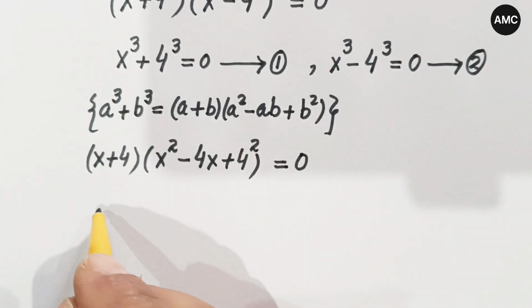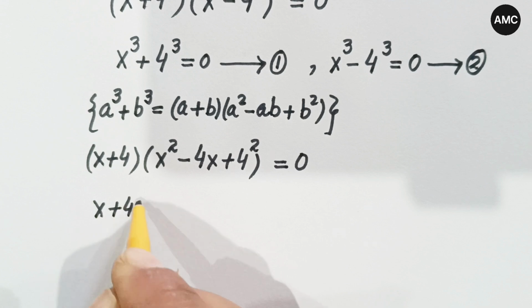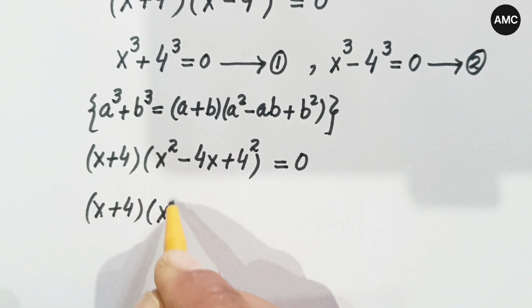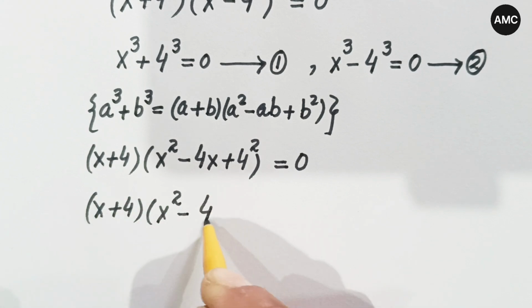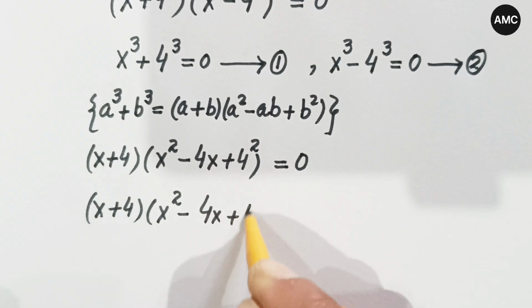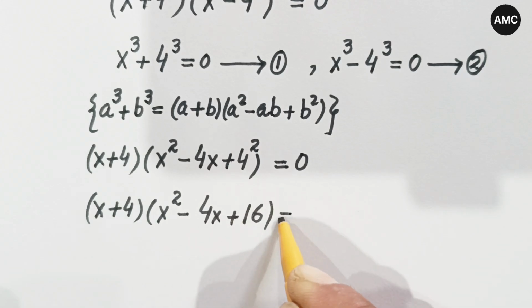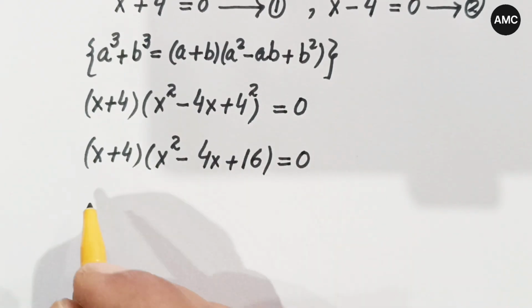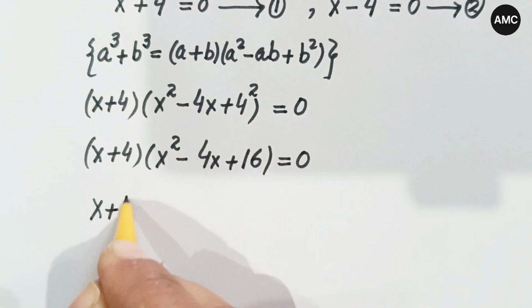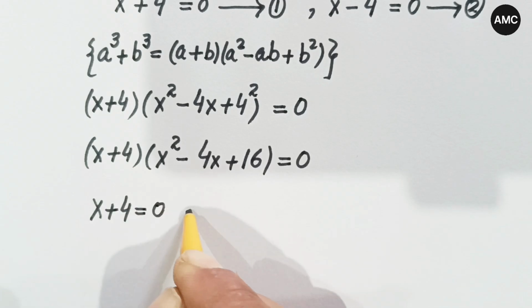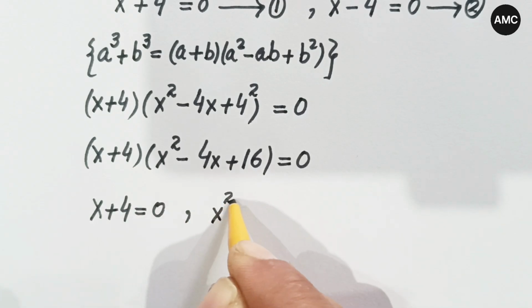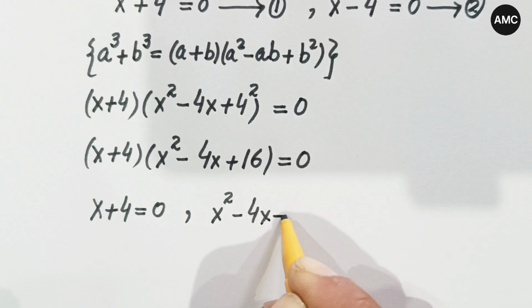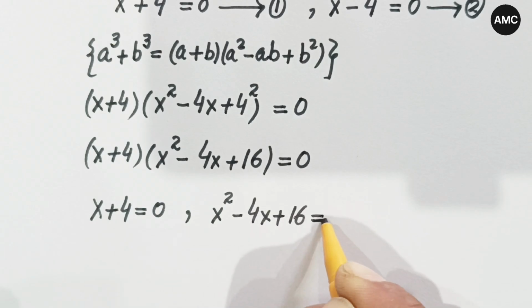Now x plus 4 times x squared minus 4 times x plus 4 squared, which is 16, is equal to 0. Here x plus 4 is equal to 0 and x squared minus 4 times x plus 16 is equal to 0.